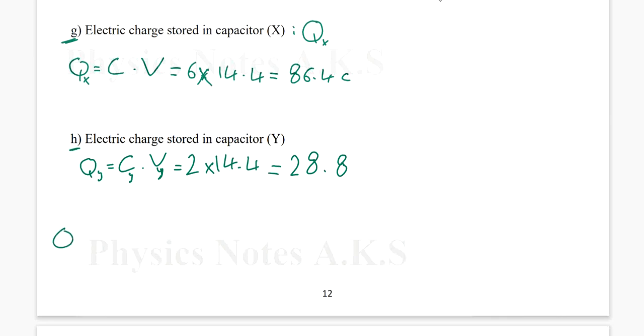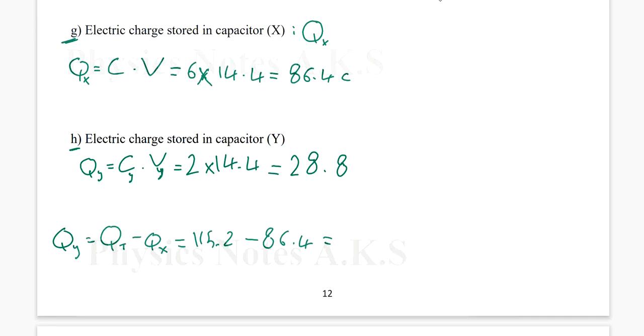Of course, I can find the Qy by another method. The Qy is actually the total charge minus the Qx, because X and Y are connected in parallel, right? So it's going to be 115.2 minus 86.4, which will give me, let me use my calculator.